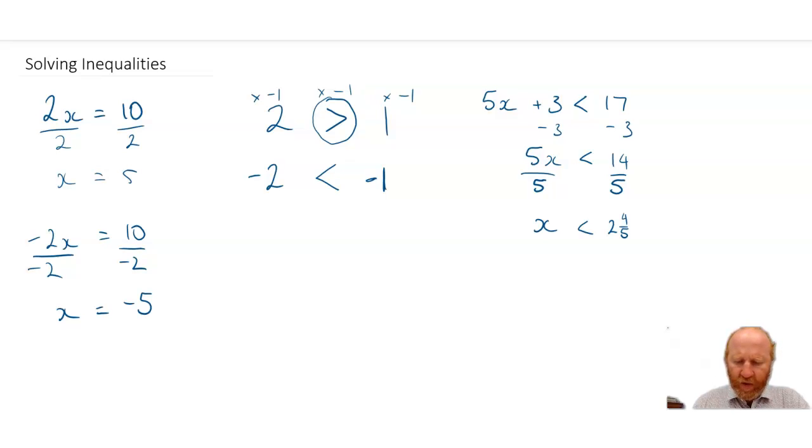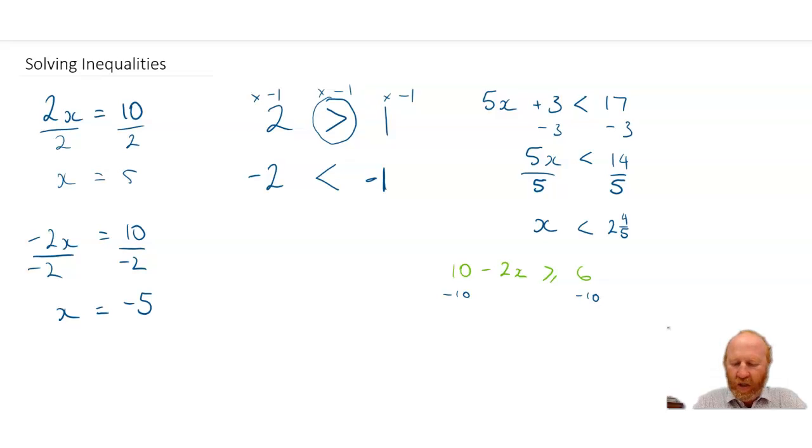But what if my question was a little bit different to that? What if my question was 10 minus 2x is greater than or equal to 6? Well, now I have to take away 10 from both sides to get that 2x by itself. Notice that this is still working just like equations.